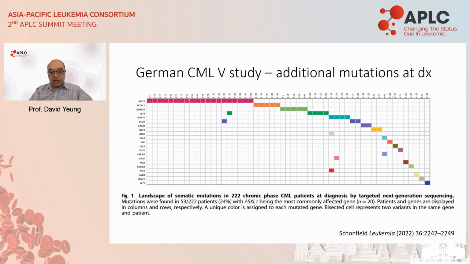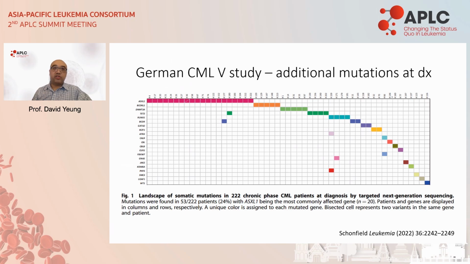More recently, there is increasing data associated with additional genomic abnormalities, and these are defined as mutations in genes that are not BCR-ABL, usually present in the myeloid clone at diagnosis.